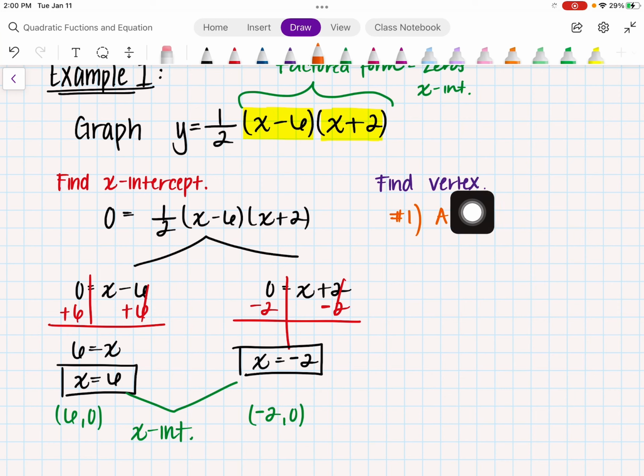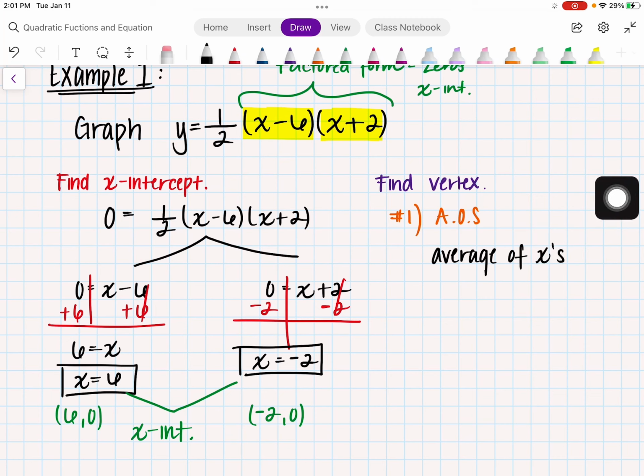The vertex is actually going to be in between these two numbers. It's exactly in the middle of these two numbers. So I will be finding the axis of symmetry because that actually helps me find the average of the x's.